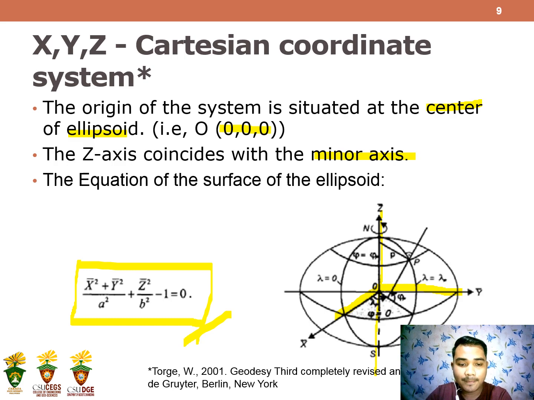For this figure, the x and y axes coincide with the major axis, so x squared plus y squared over a squared, while z squared coincides with the minor axis, which is b. So the equation is x squared plus y squared over a squared plus z squared over b squared minus 1 equals 0.